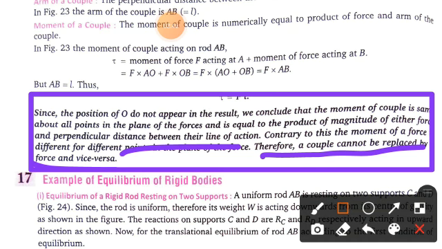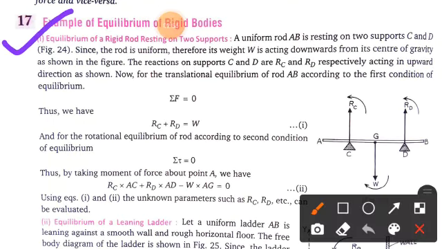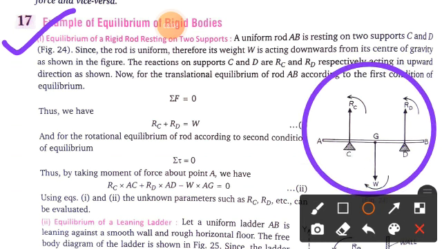Fine. Now we will come to examples of equilibrium of rigid bodies. You can see here this is topic number 17, and we are going to discuss equilibrium of a rigid rod resting on two supports. You can see here this is a rod resting over two supports C and D. Clear?